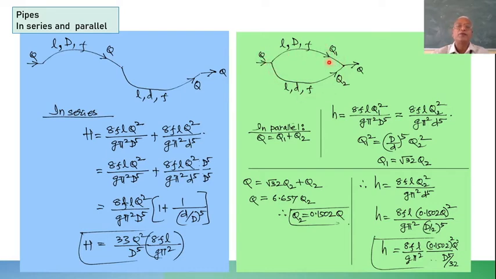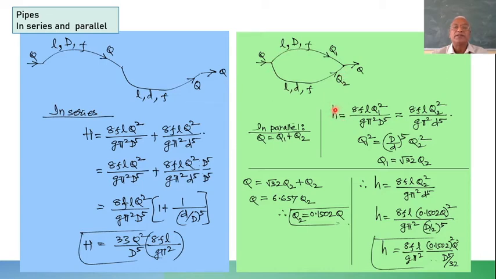We'll write it as Q1 plus Q2, but the addition of them should be equal to Q. So in parallel, Q is equal to Q1 plus Q2. Now head loss from this point to this point is h, and in parallel you know that the head loss in this branch is equal to the head loss in this branch.